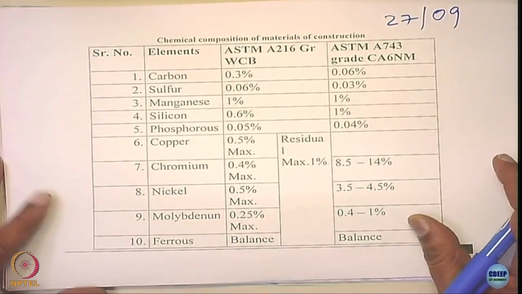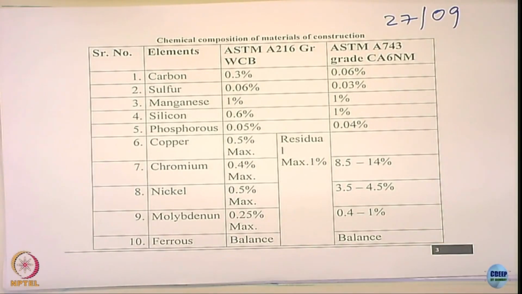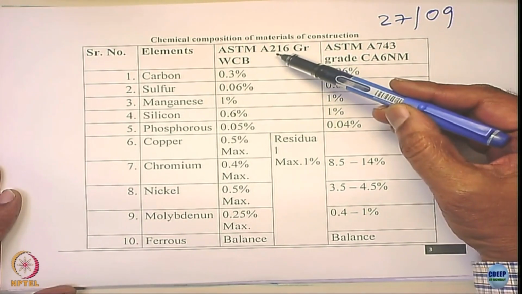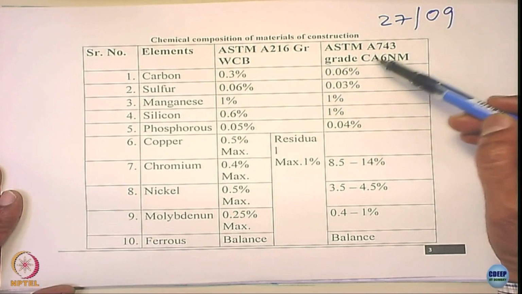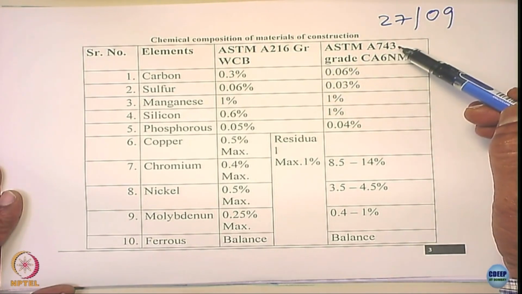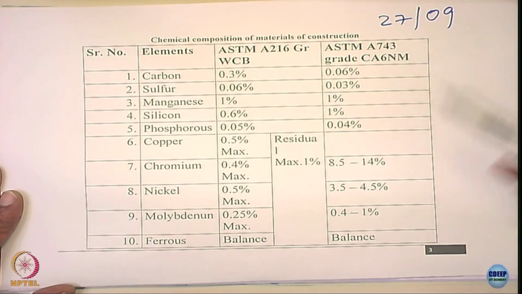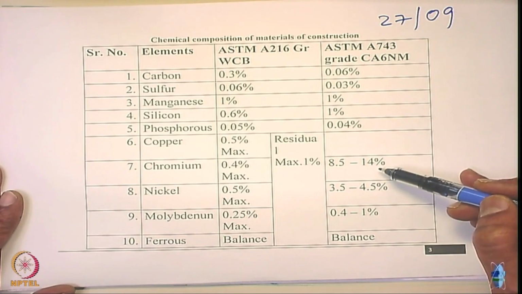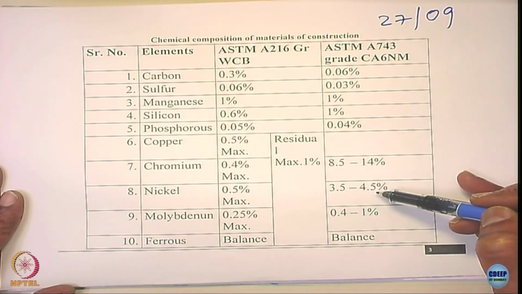Okay. So look at this comparison of these materials now. ASTM A216 grade is a martensitic steel, and ASTM A743, I think, is a martensitic grade stainless steel. The chromium is between 8.5 and 14%. The nickel is about 3.5 to 4.5%.